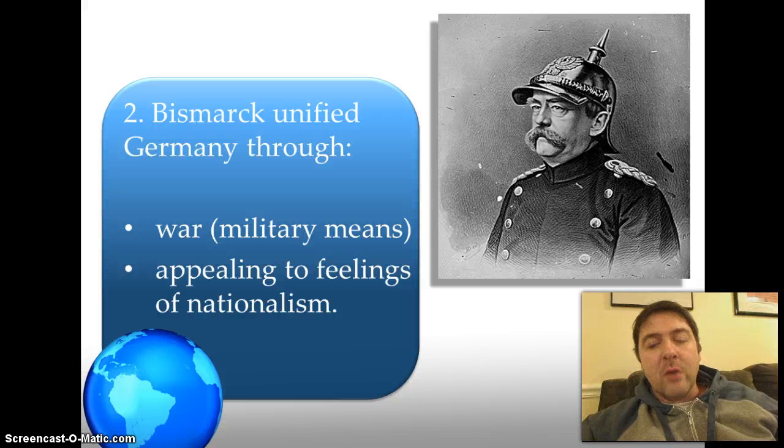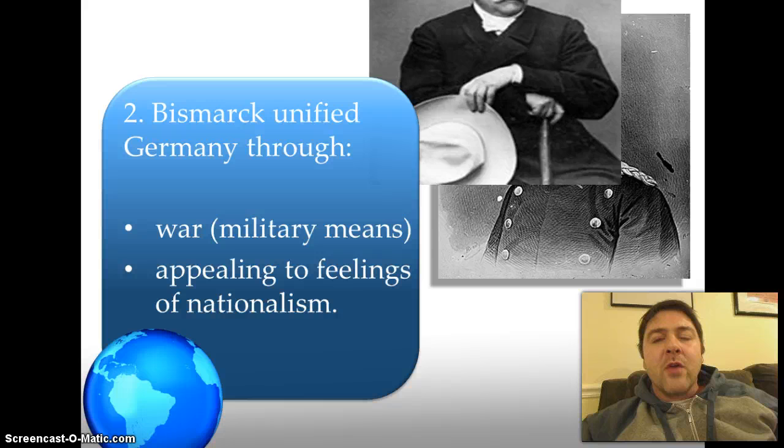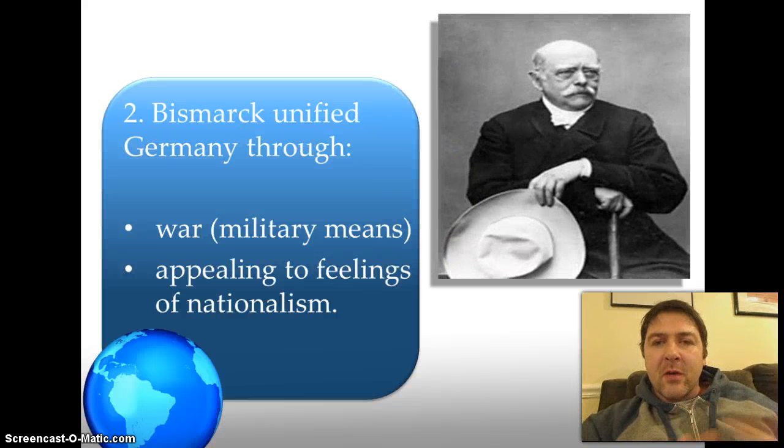wanted part of Germany. If it didn't take war, though, Bismarck was also a skilled diplomat and could appeal to feelings of nationalism. He could talk to the leaders of these German states and take off the military hat and just diplomatically, through appealing to nationalism, get these German states to join.